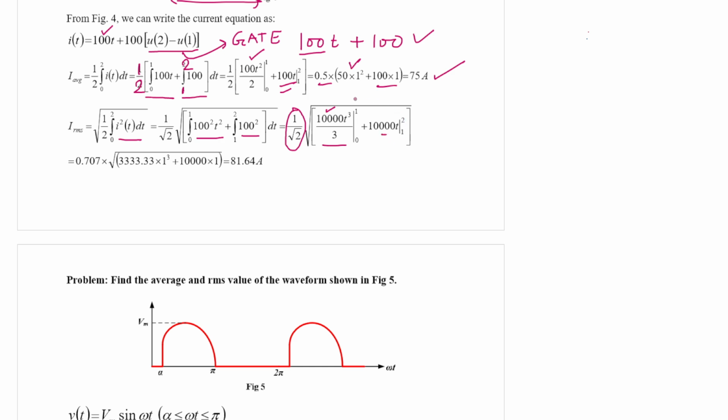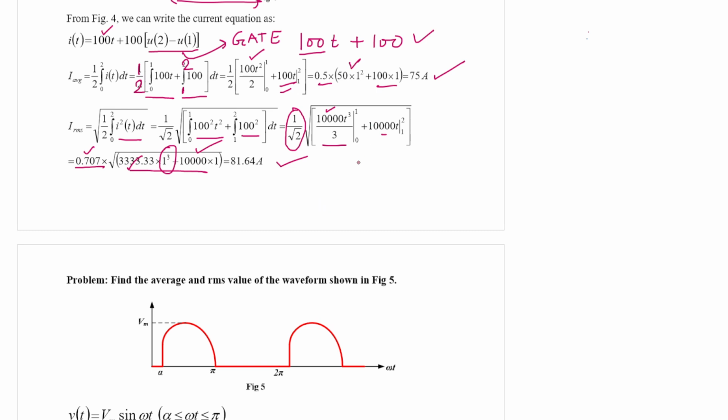So if you put the limits appropriately, it will give you the result like this. 10,000 by 3 into t cube, with limits 0 to 1, so 1 cube, and 10,000 into 2 minus 1, so 10,000 into 1. Then 0.707 comes from 1 by root 2. If you multiply it with this, it will give you 80.64 ampere.